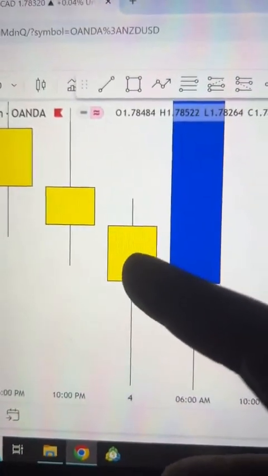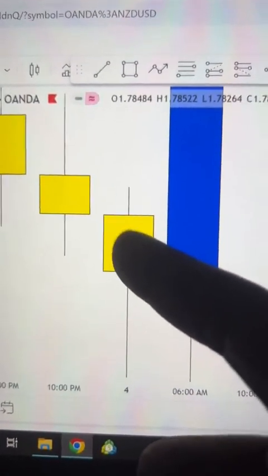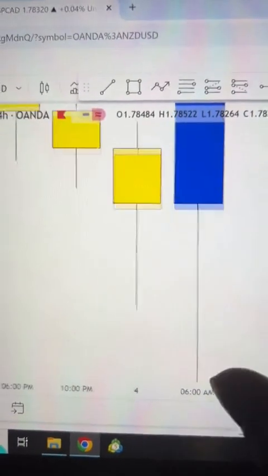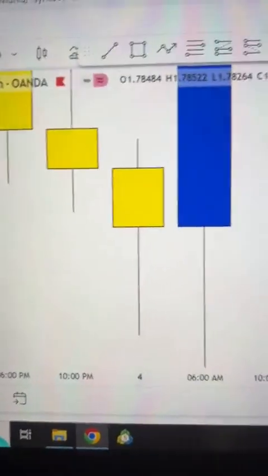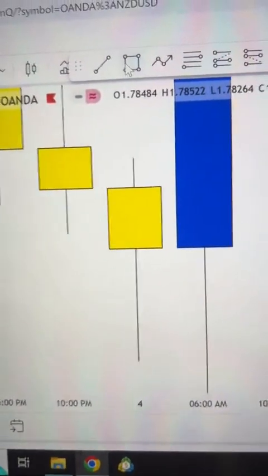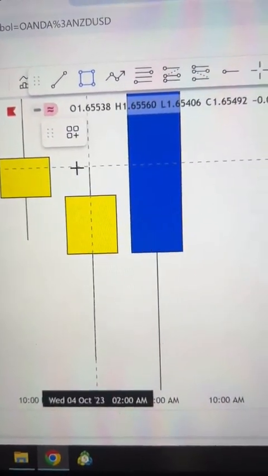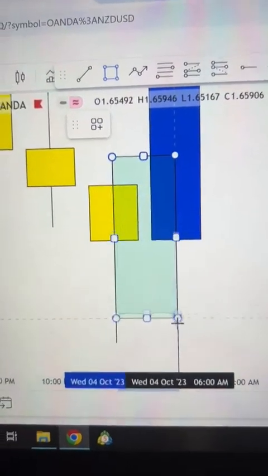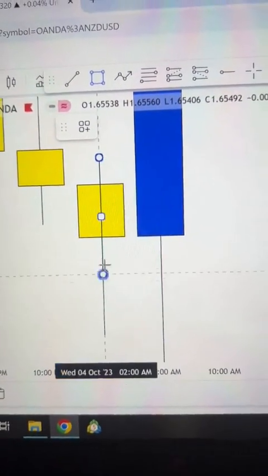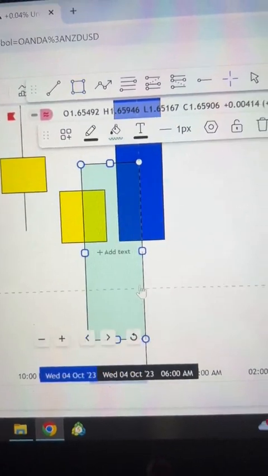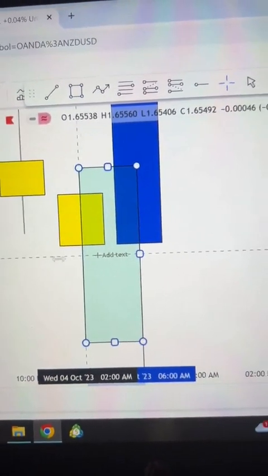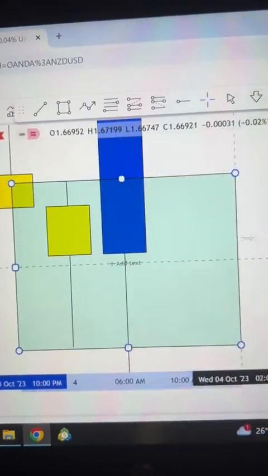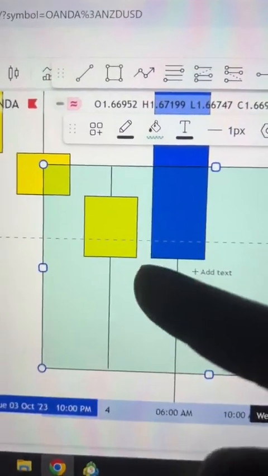This one here is your order block. So how do you mark it? You start from the wick. You bring it down to the down wick like this. Then you open it, then you drag it all the way. This is now your order block.